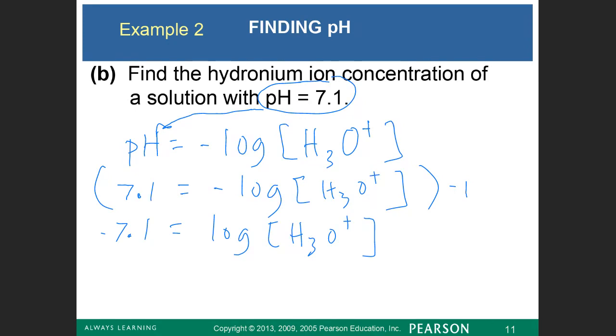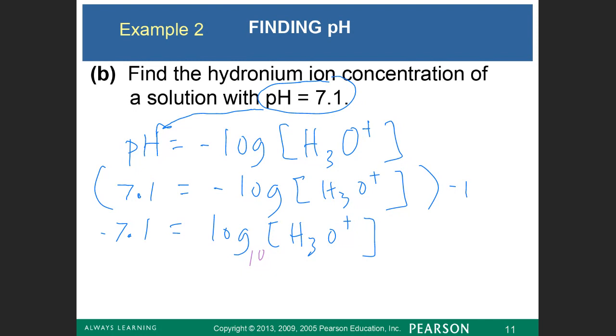Note here that you cannot divide by log to find your H3O plus on both sides. That's not possible. What you're doing here is applying the theorem on inverses. If there's no base on the log, that is assumed as base 10. So we have a base 10 here.